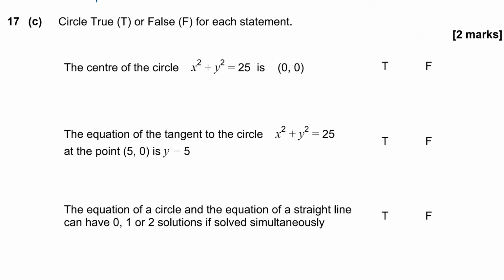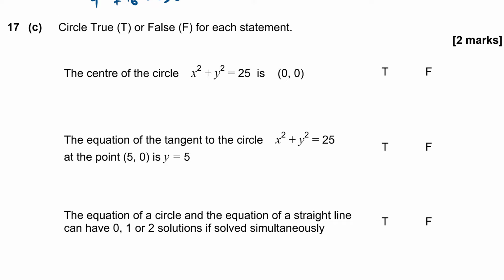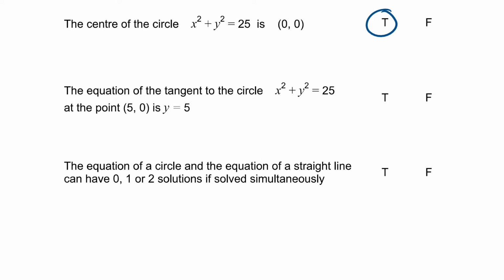Right, question C. Circle true T or false F for each statement. The center of the circle x squared plus y squared equals 25 is 0, 0. Yep, that is true. The equation of the tangent of the circle x squared plus y squared equals 25 at the point 5, 0 is y equals 5. Let's quickly sketch that.